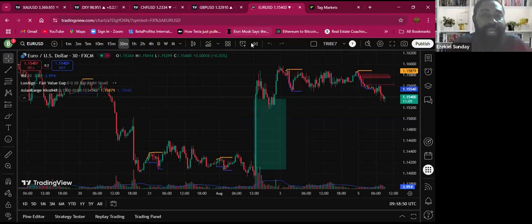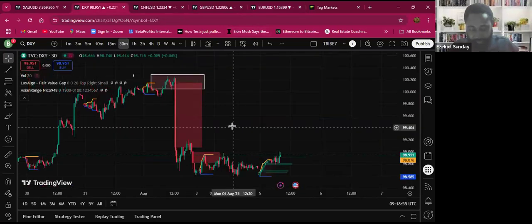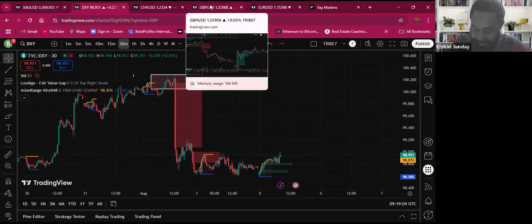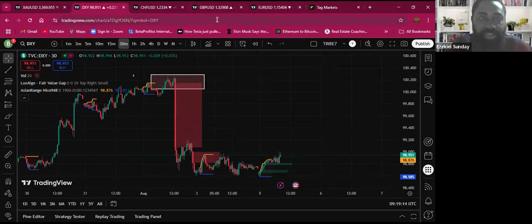When I say they are inversely correlated, it means when the dollar is gaining strength, then the GBP that is paired with it will be losing strength. That's the number one thing you need to know. When it's gaining strength, the currency that is paired with it will be weakened.